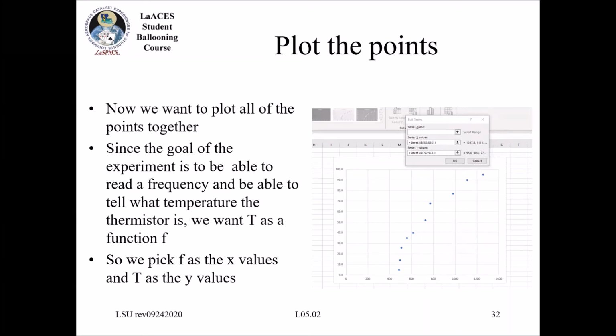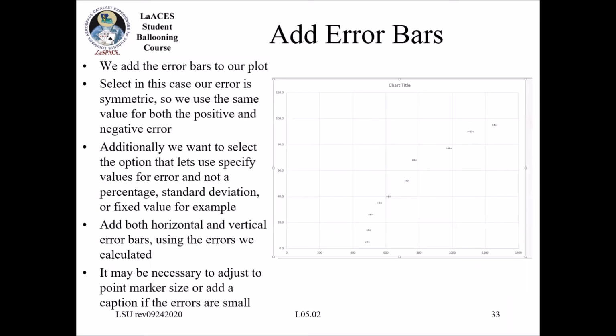Because our ultimate goal is to get a readout of temperature in terms of the frequency being output, we want temperature as a function of frequency. That means we pick frequency as our x values and temperature as the y values. So once we have all of the points plotted, we need to add error bars.